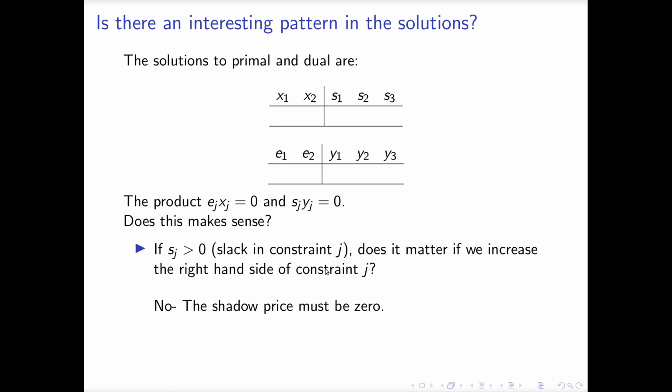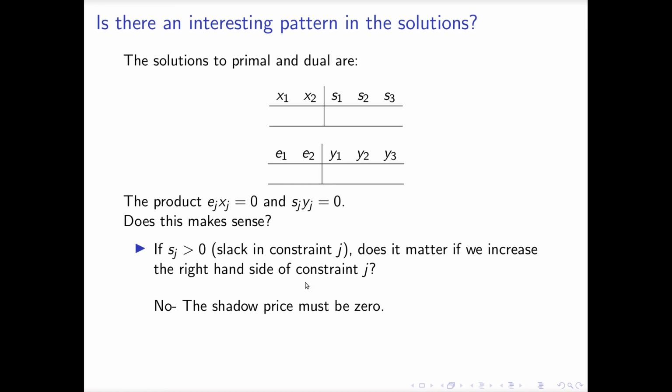No. And so the shadow price must be 0, right? Because it doesn't matter if I increase the amount I have of constraint j, because I'm not using what I have. That's why if I take yi times si, it must be equal to 0. So if the slack is not 0, then the shadow price must be 0.